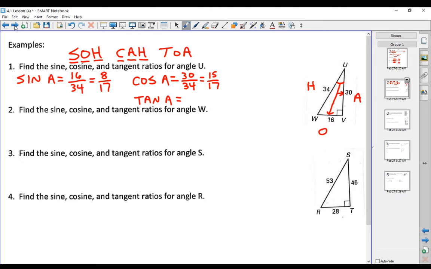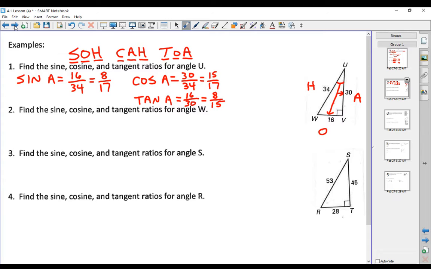The tangent of angle A is found by dividing the opposite by the adjacent sides. The opposite side is 16. The adjacent side is 30. You can divide both those numbers by 2 and get 8 over 15.